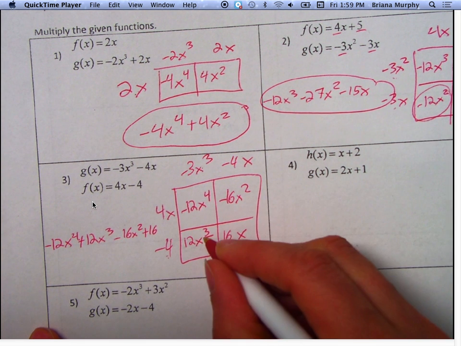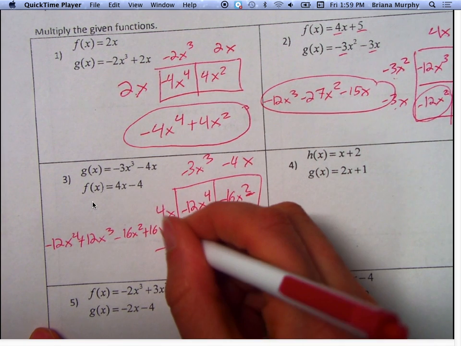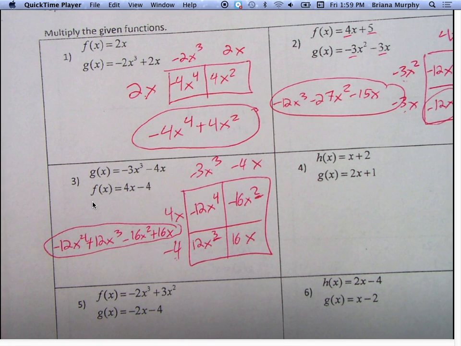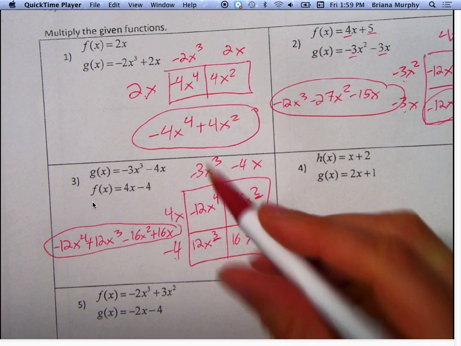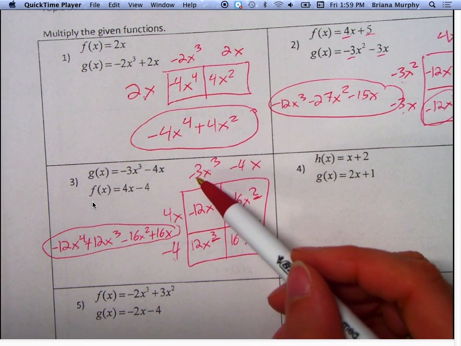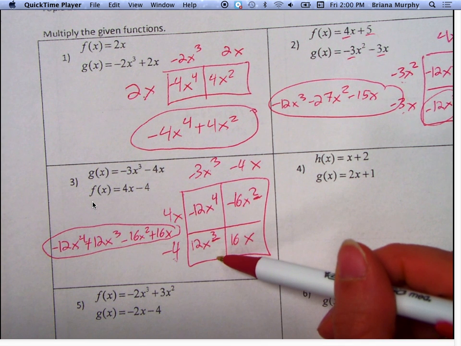But this has a third and this has a 2, so you can't put them together. So what do we do again? You can only combine like terms if they have the same exponents and the same variable. So you just do them both? Yeah. And a negative 3x times a negative 4 is a positive 12, right? Not a negative.